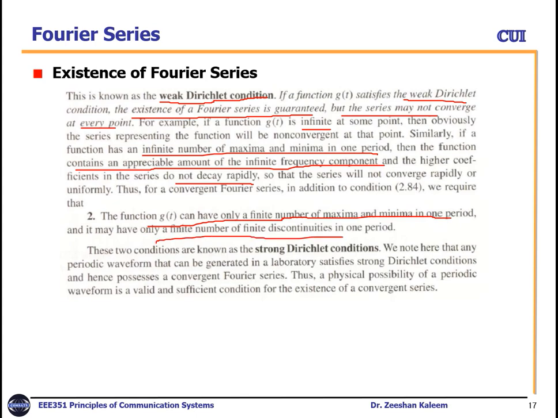When these two conditions are met, this is called the strong Dirichlet conditions. Periodic waveforms that can be generated in laboratories satisfy the strong Dirichlet conditions and possess a convergent Fourier series. Thus, the physical possibility of a periodic waveform is a valid and sufficient condition for the existence of a convergent Fourier series.